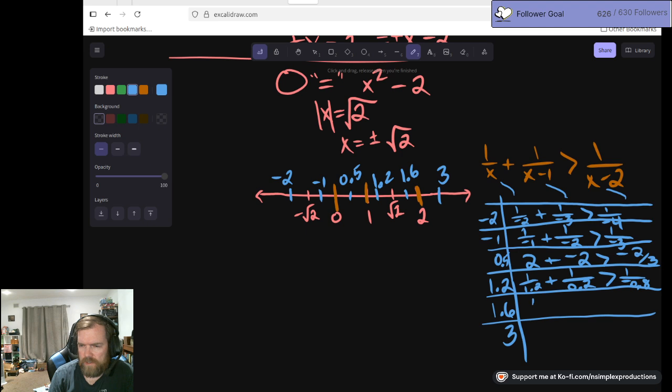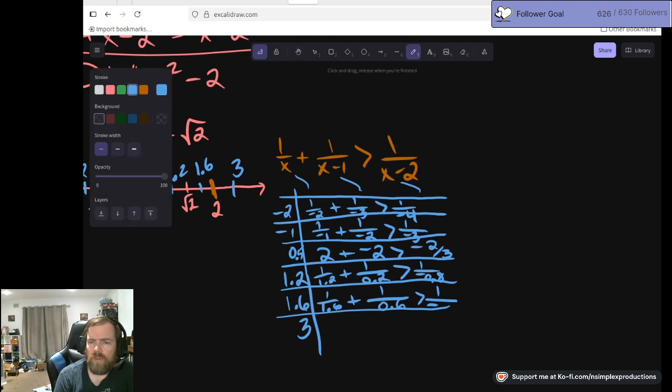Alright, 1.6 is 1 over 1.6 plus 1 over 0.6 is greater than 1 over negative -0.4. 3 makes it 1/3 plus 1 over 2 is greater than 1 over 3 minus 2 is 1. Okay, and the result.